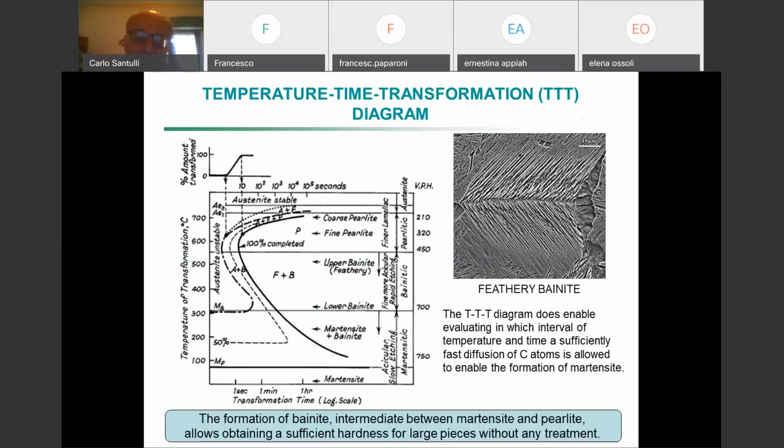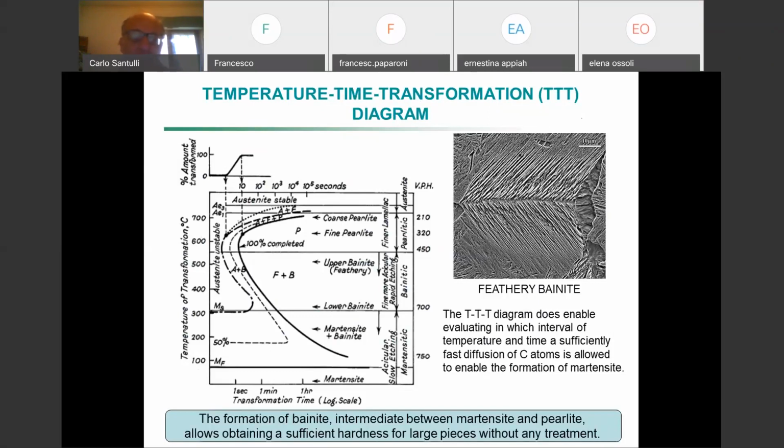And as a consequence, we have this temperature time transformation diagram, which says to us in which interval martensite does exist.